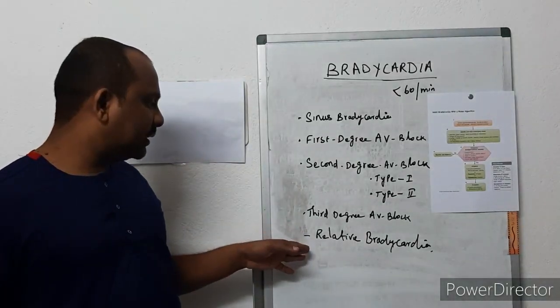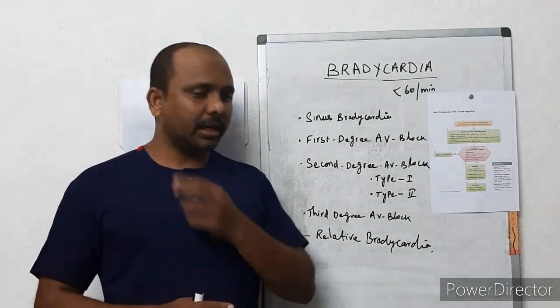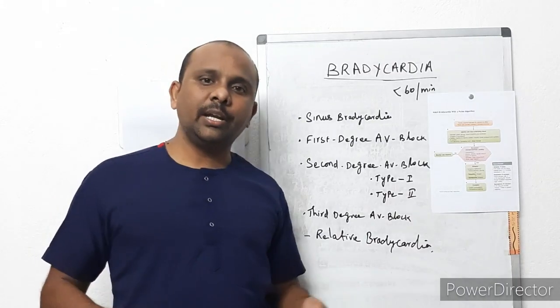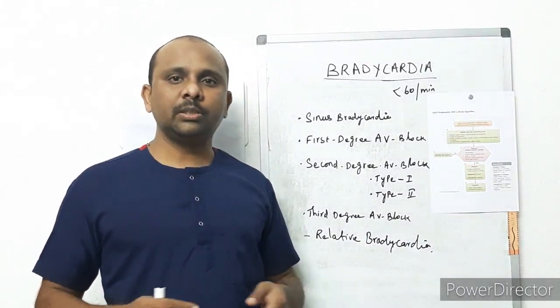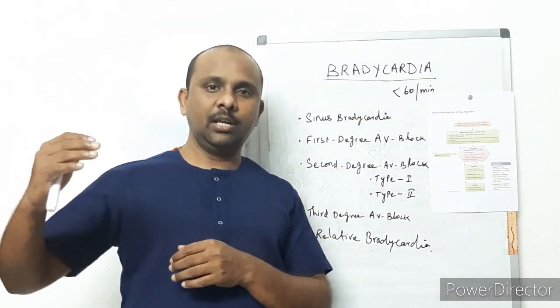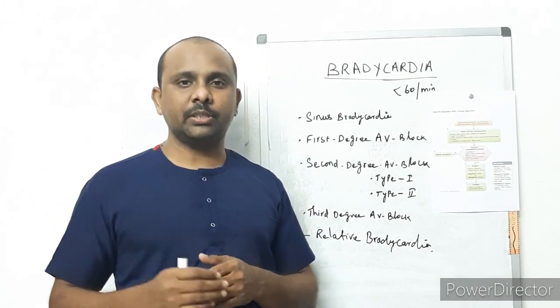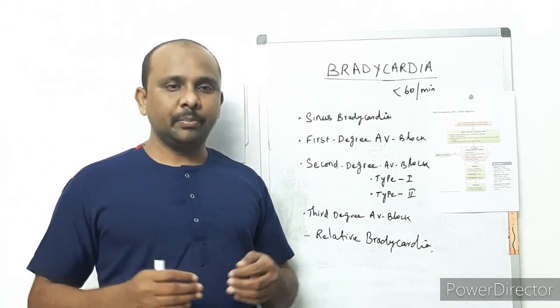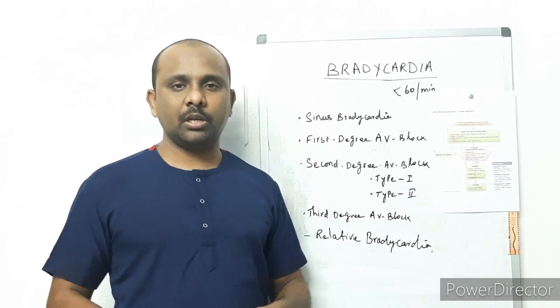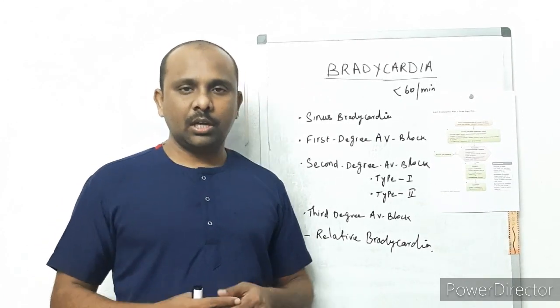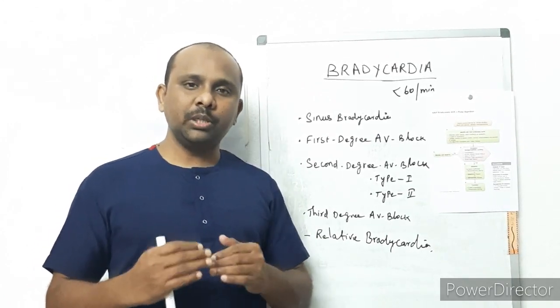Then there is another terminology called relative bradycardia. So what is this relative bradycardia? For example, the heart rate is supposed to be high in some circumstances, for example, the patient is in septic shock, the patient is having fever.